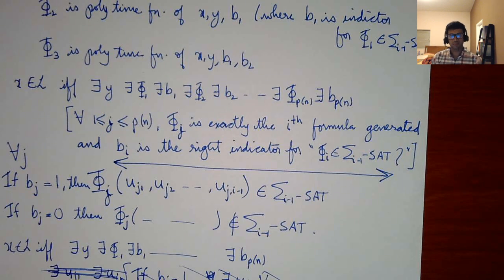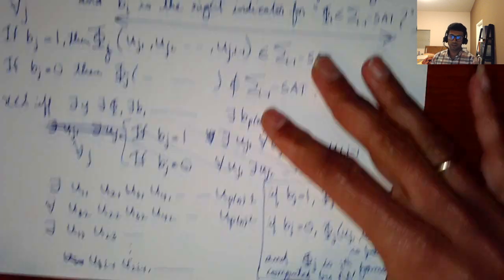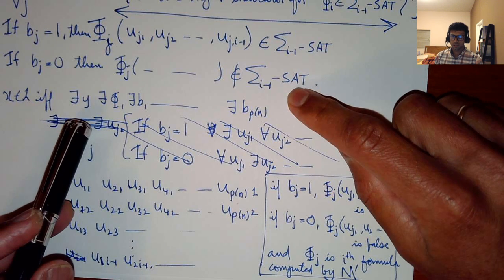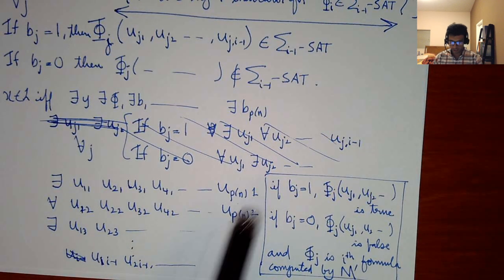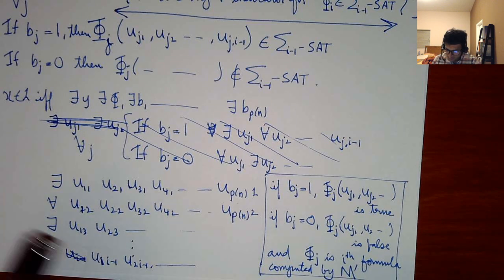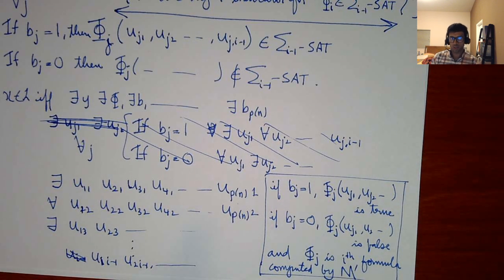And that can be done by a bunch of alternations where once you've guessed the formulas, you then have to do a there exists for all the inputs to check all of these conditions. I fudged a small detail here which I will explain shortly, but then hopefully this makes sense. Questions?